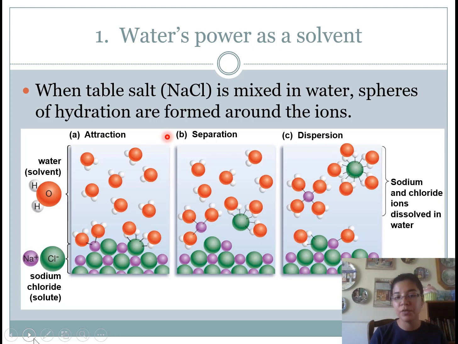So here we have an example of table salt, sodium chloride, mixed with water. Because of the polarity and the ionic bond between sodium and chloride, the water molecules, shown in red with white, will form a hydration sphere around each of the ions, the cations and anions, of the sodium chloride.